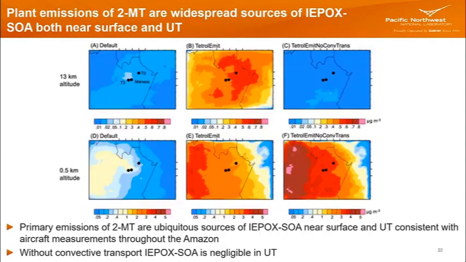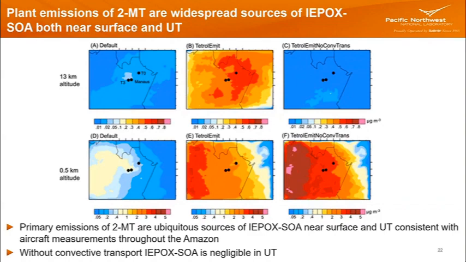And now I'm showing you the surface distributions of IPOX SOA. The leftmost panels are the default model where you don't add any emissions of methyl tetrals. If you look at the leftmost bottom panel, at 0 to 0.5 near the surface, you see most IPOX is following the plumes.